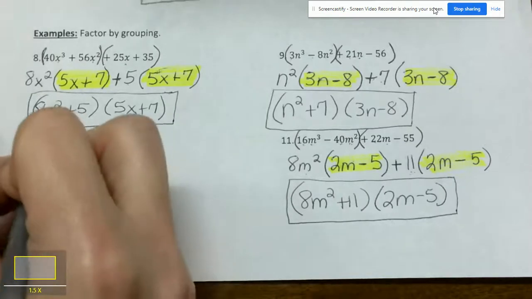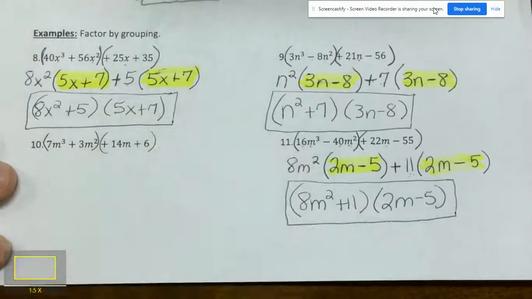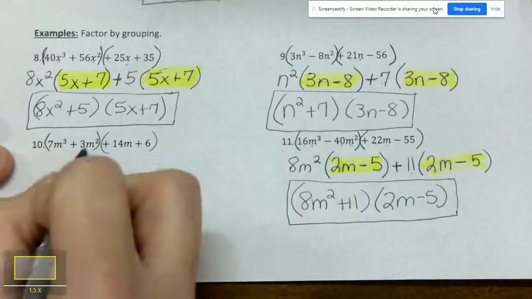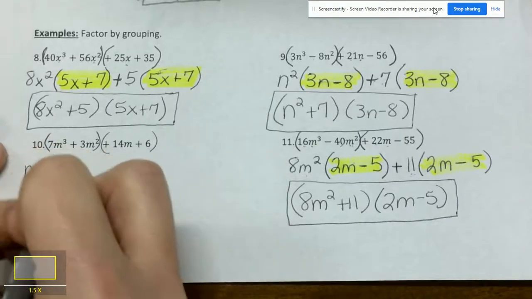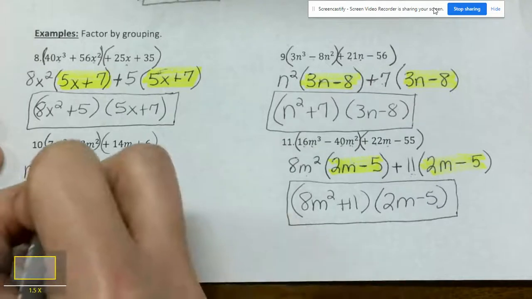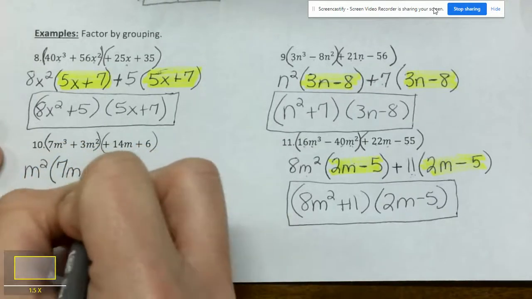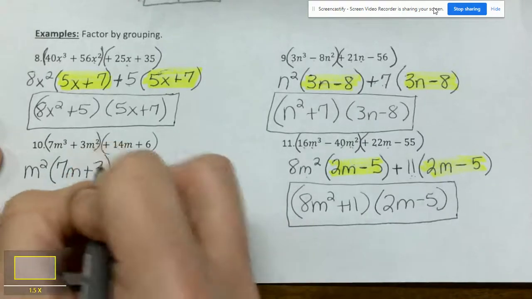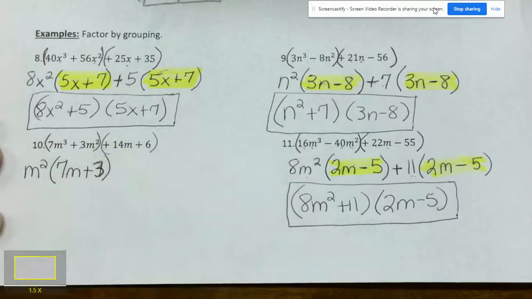Okay, hopefully you grouped the first two and the last two. These two, 7 and 3, have nothing in common, but I can take out an m squared. And that would leave me with 7m plus 1. Nope, 7m plus 3, because I've got a 3 there. So sorry. 7m plus 3.